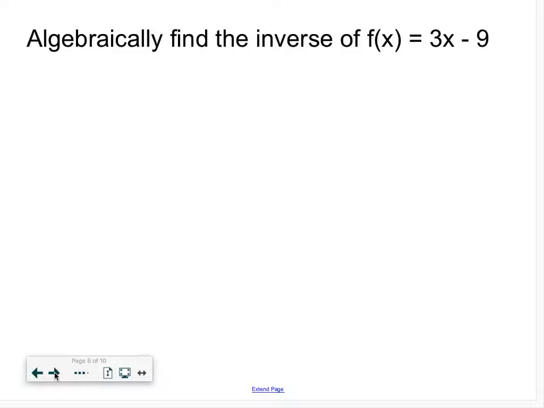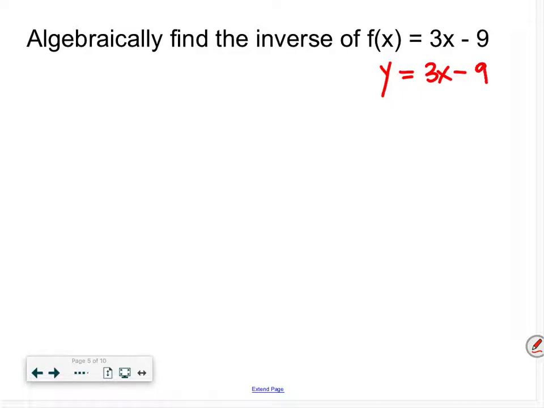The very first thing I asked you to find was the inverse of this right here. Addie, describe to me what you did to find the inverse. I first wrote it with the y, and then I switched the x and y's, and then I solved for y.